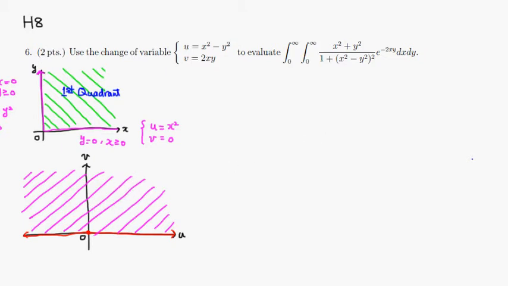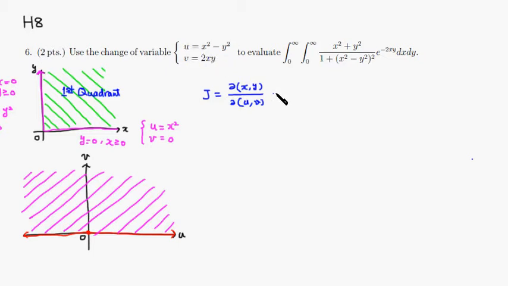Then we have to find the Jacobian. This is a little bit tricky because the Jacobian that we want, J, is the partial of x and y with respect to the new variables u and v. But it's going to be very difficult because it's written as u equals and v equals.